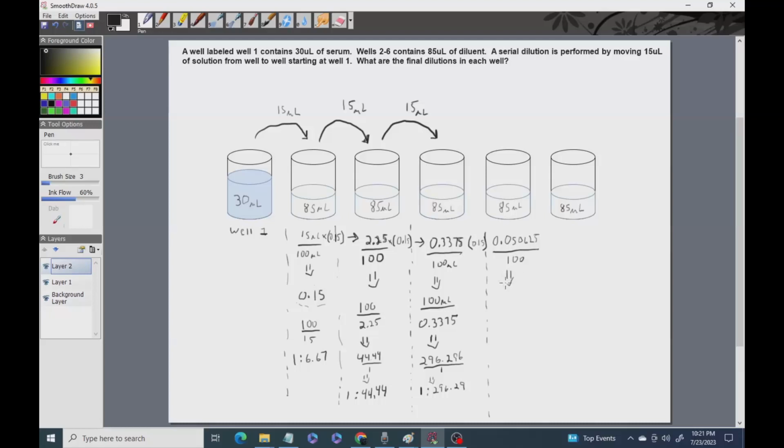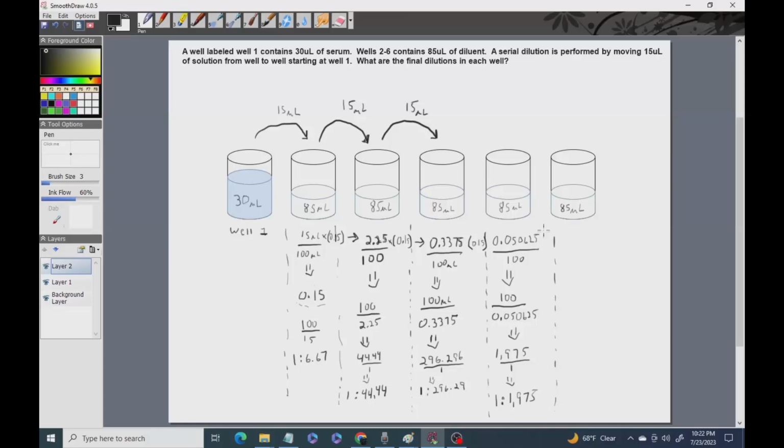We can flip this, 100 over 0.050625, which will give us, if we simplify that, basically divide 100 by that fraction, we end up with 1,975 over 1, or a dilution of 1 to 1,975.